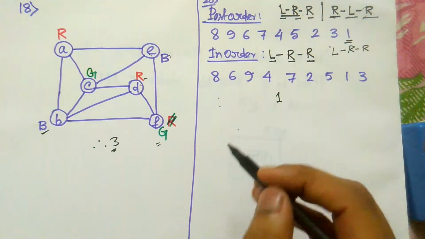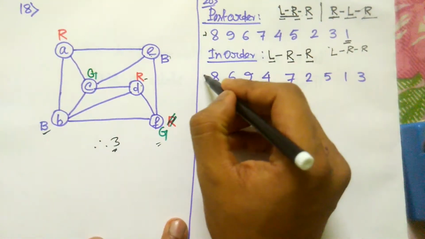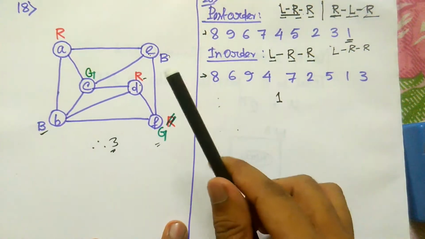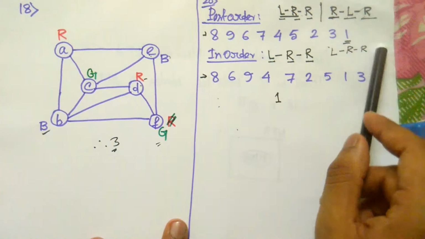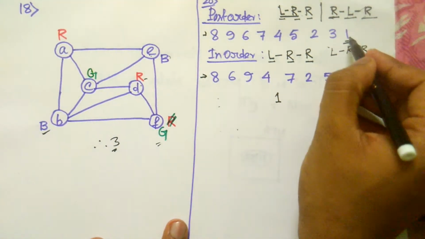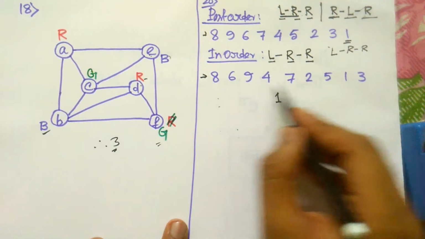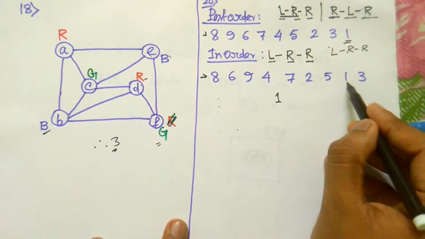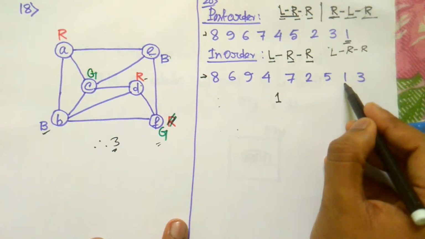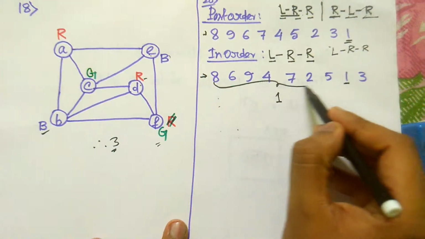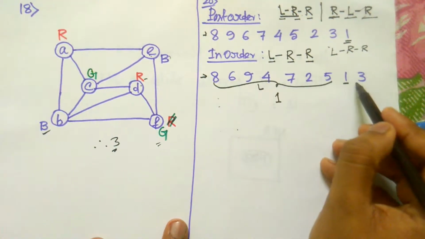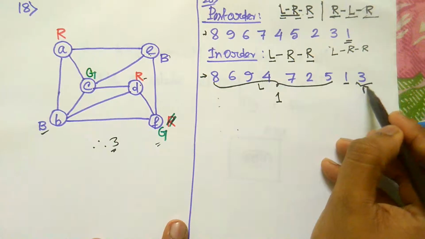Here the post order is given and the in order is given, and in post order the last element is 1, so 1 is the root. I take 1 here, and in order we find where 1 is. This part must be the left tree and this part must be the right tree.